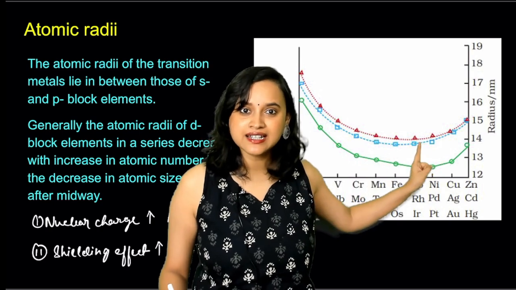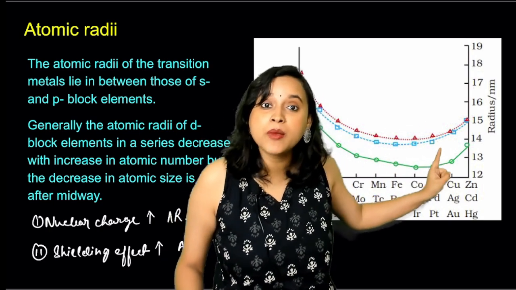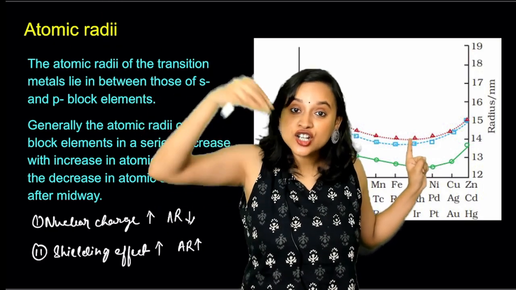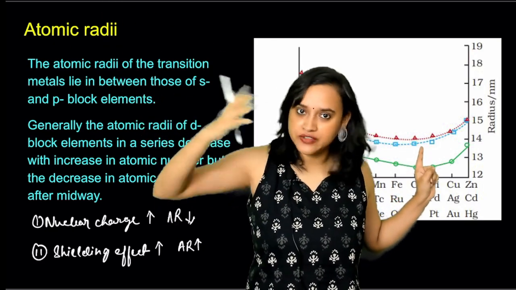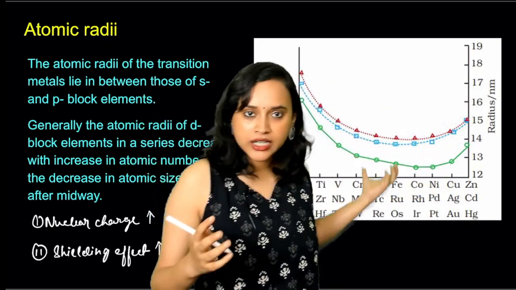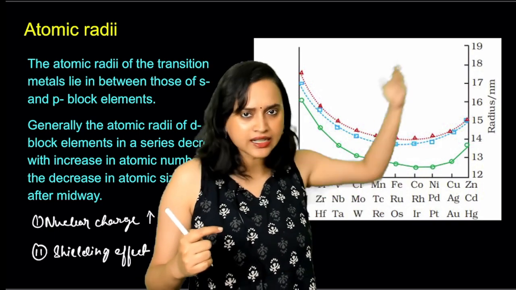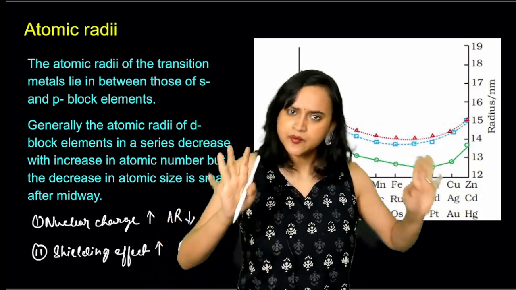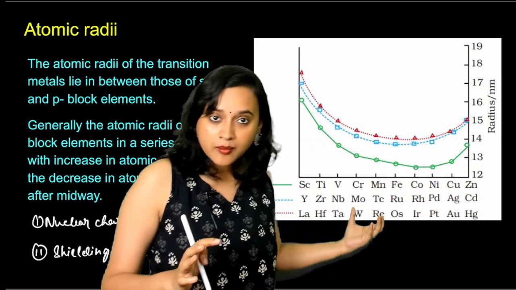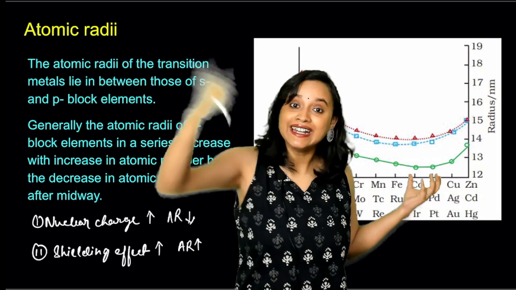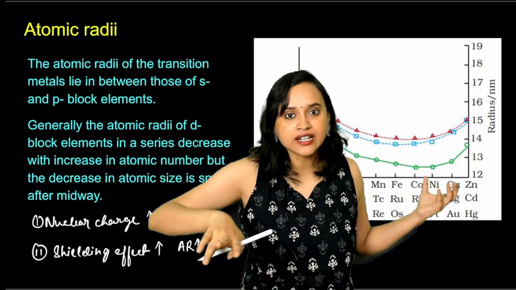But with the atomic number increasing, the number of electrons is also increasing. If atomic number is increasing, number of protons are increasing, and the number of electrons entering the d orbital is also increasing.